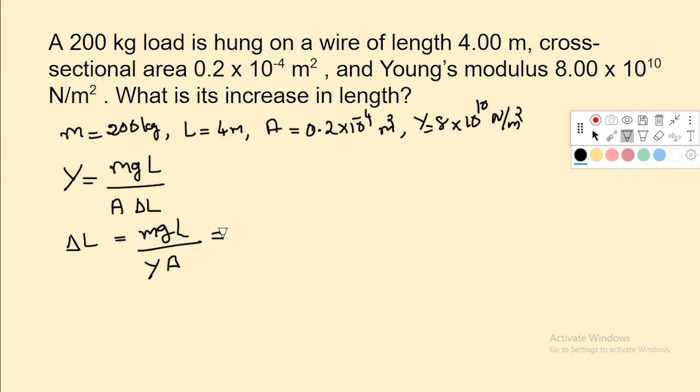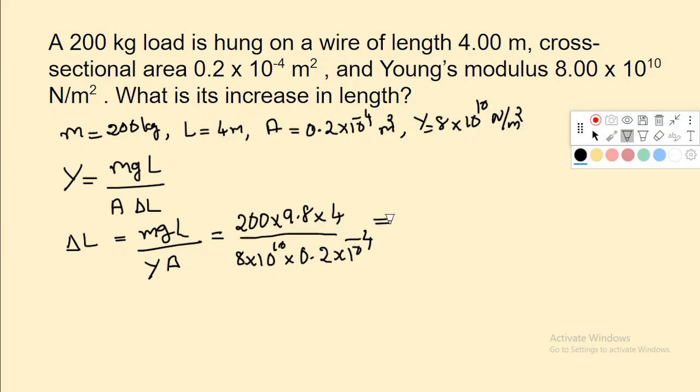So let us substitute all the values. Here m is 200, that is into 9.8. Length is equal to 4 meter divided by Young's modulus 8 into 10 raised to 10, and area cross section is 0.2 into 10 raised to negative 4.